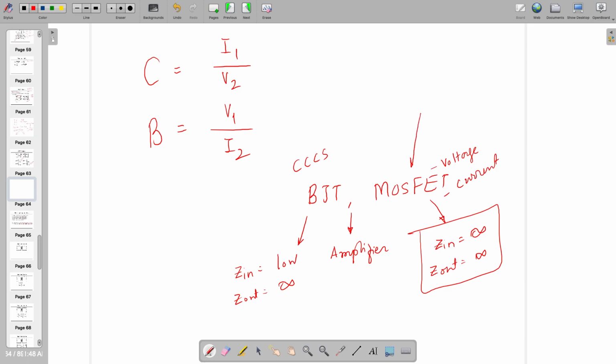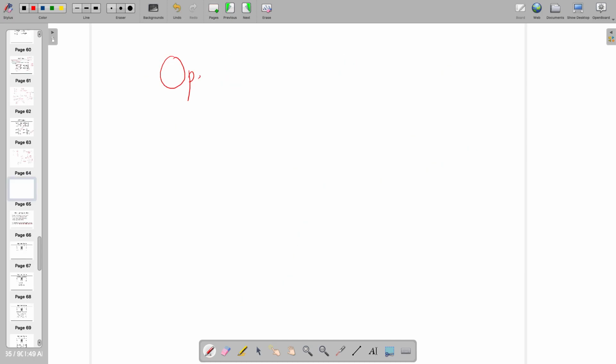So such a kind of amplifier is known as a transconductance amplifier, whose output quantity is current and input quantity is voltage. So if I want to find the transfer function for such an amplifier, the output quantity will be current and the input quantity will be voltage, and that is known as not an operational amplifier. So there are two kinds of amplifier.